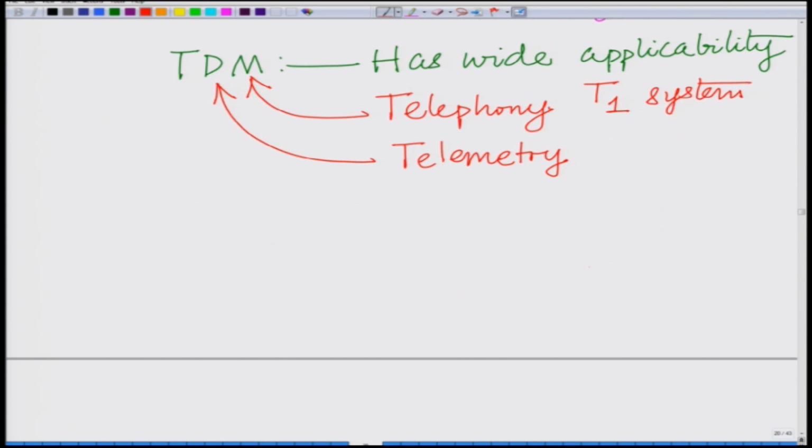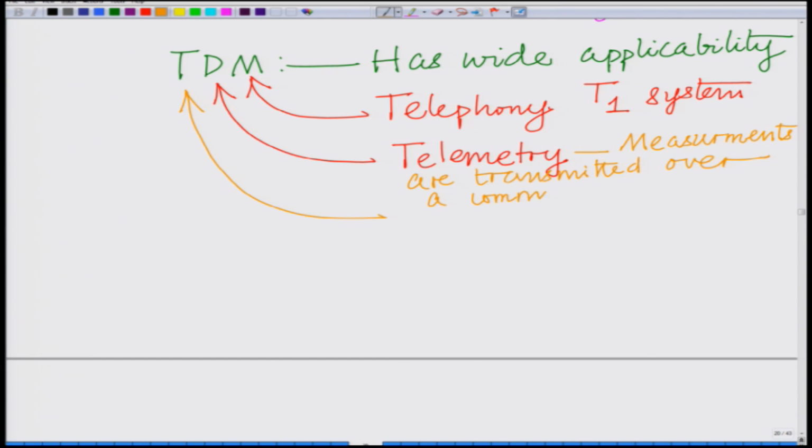It is used in telemetry, where measurements are transmitted over a communication system.